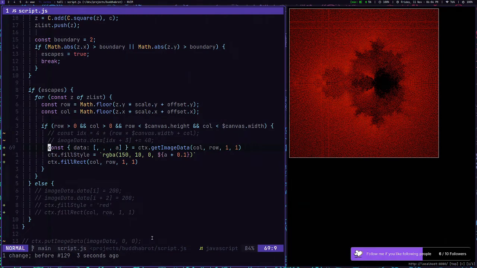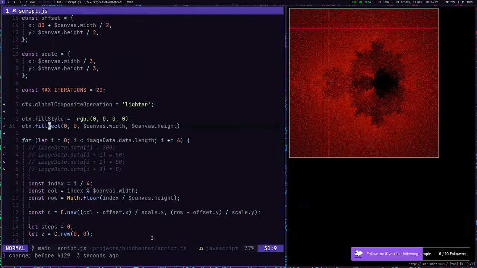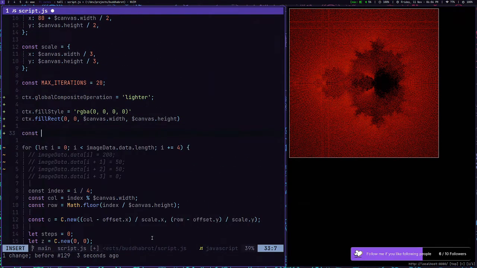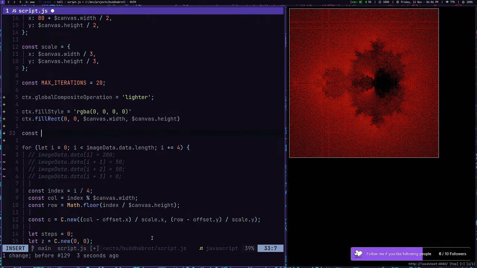When I say cache, I mean, what if we save the pixel information in a map of sorts? Let's just try it out. Image data map or alpha channel map, new Map.